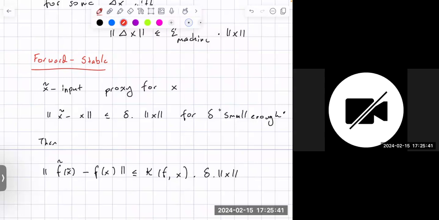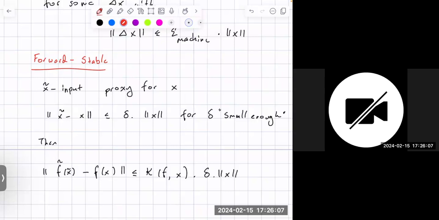So the input may be just your data with some error. It may be your data got some error because of machine precision, or you got data, did some work, and this is going to be an input to the next algorithm. That's why we are only saying the error is some delta times how big your input was. I did not quantify this with machine precision. For now, I'm just saying small enough. I'll tell a little bit more what that means.